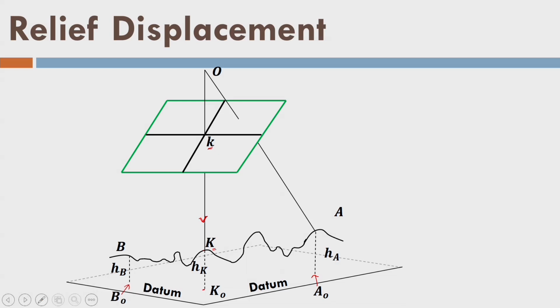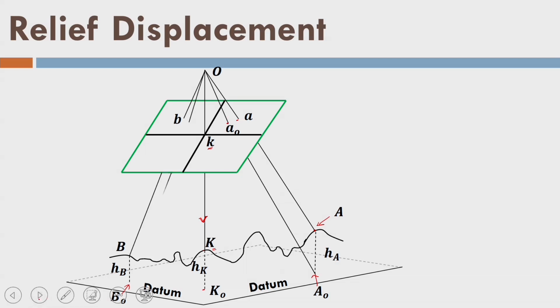The point A here is imaged at a. Similarly, point B is imaged at b here. Now, the image of point A0, which is at the datum, is imaged at a0 here. Similarly, this point is imaged at b0. So, you can see that because of the height of the point, the image of the point is shifted.